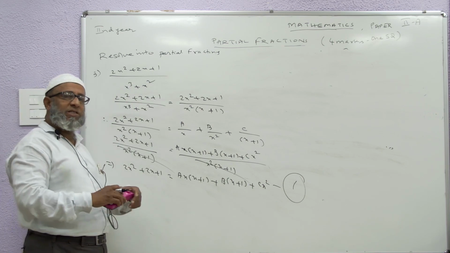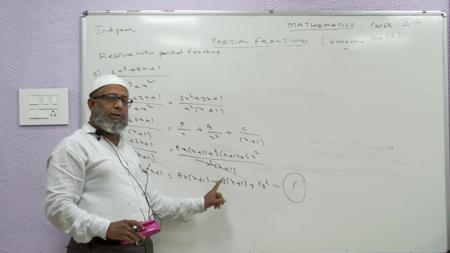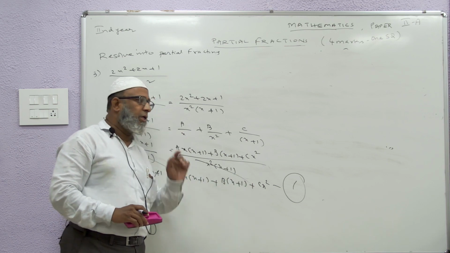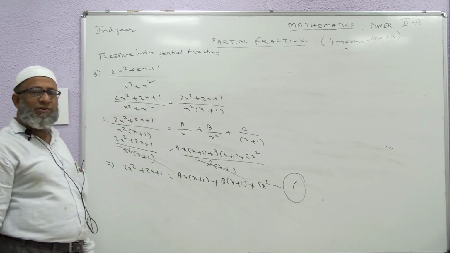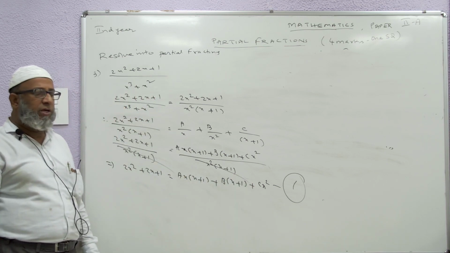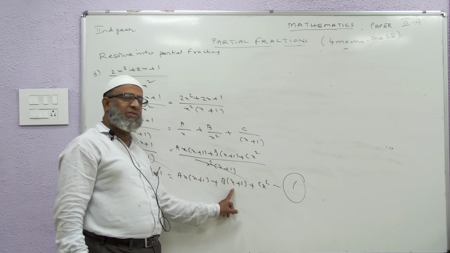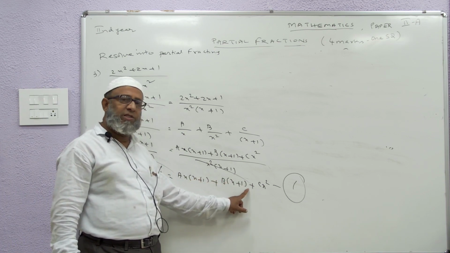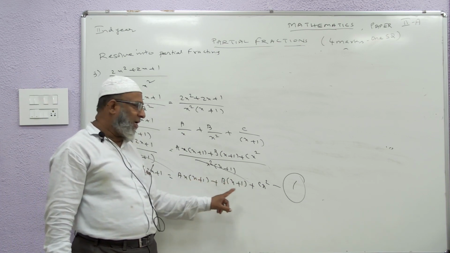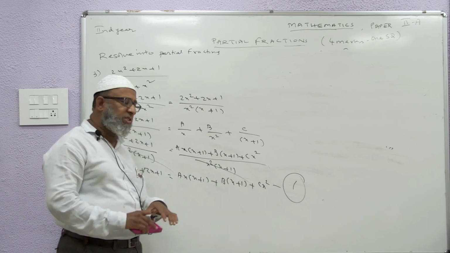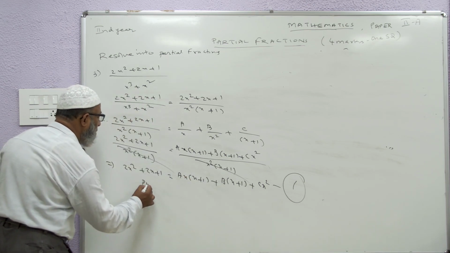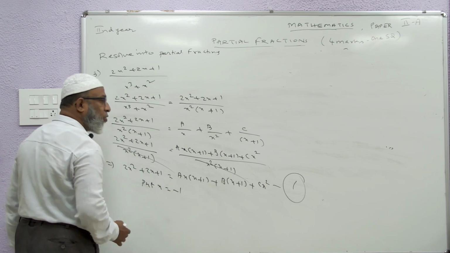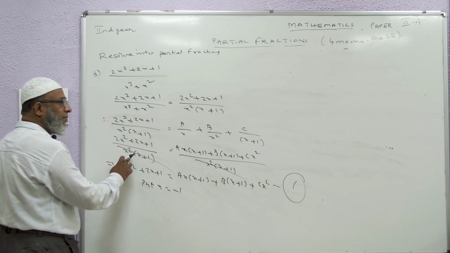Now, my purpose is to get the values of a, b and c. You know how to get these values. For example, if I put x equal to minus 1 here, this will be 0, this will be 0. Ultimately, I may get the value of c. So put x equal to minus 1. Minus 1 squared becomes plus 1.